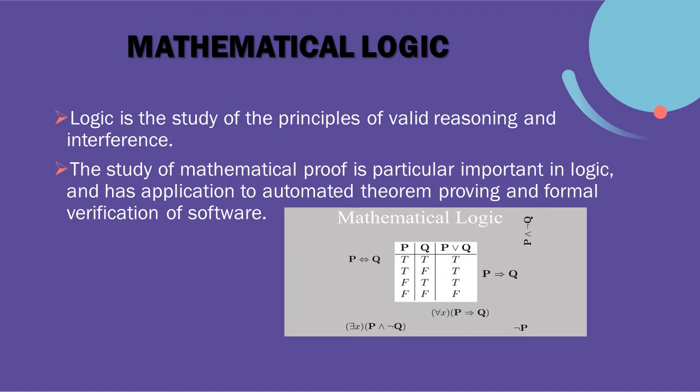But if you see a digital watch, it goes 56 seconds, then 57, then 58. So these are separate things, try to understand them. The study of mathematical proofs is particularly important in logic and has applications to automated theorem proving and formal verification of software.